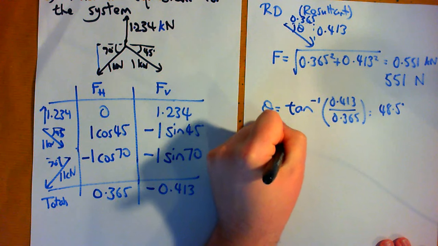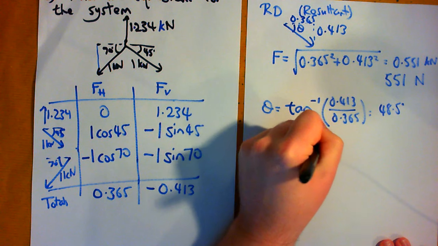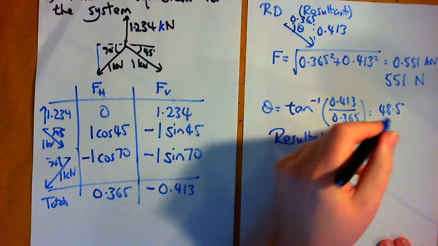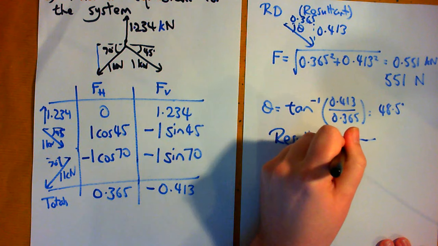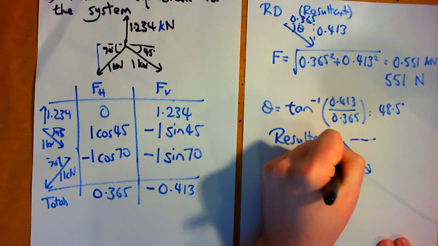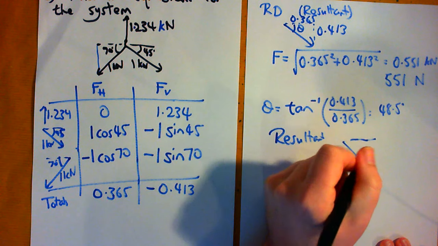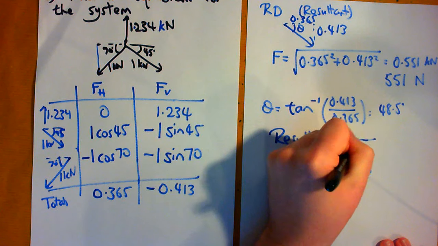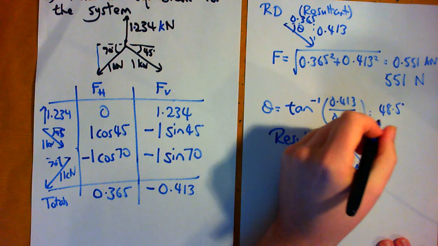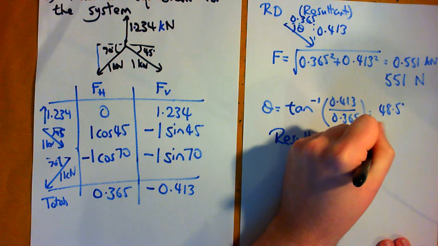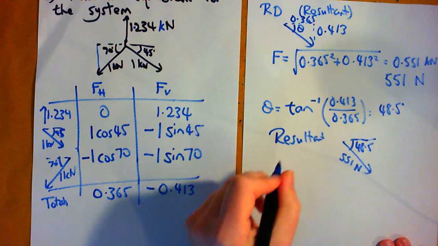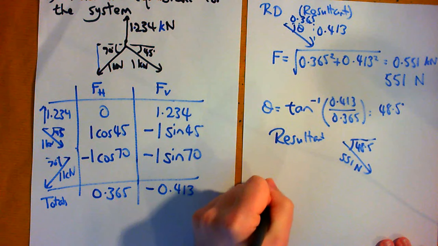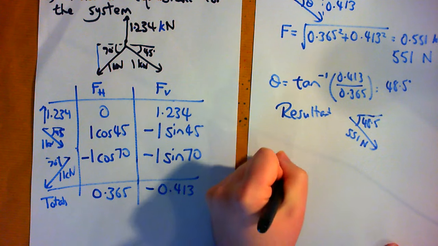Let's draw in our resultant. So our resultant is a 551 Newton force pointing downwards to the right at an angle of 48.5 degrees below the horizontal. Equilibrant is therefore going to be in the opposite direction.